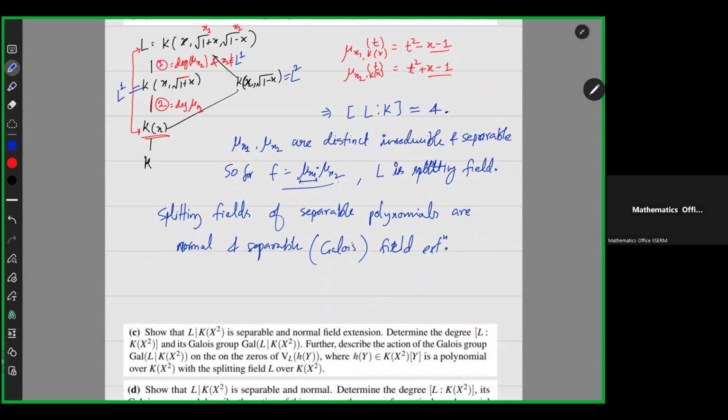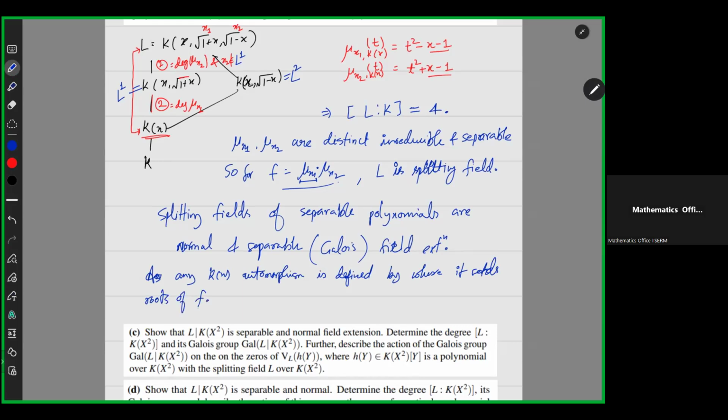So we have two roots for mu x1, two roots for mu x2, and any Kx automorphism is defined by where it sends the roots of f.